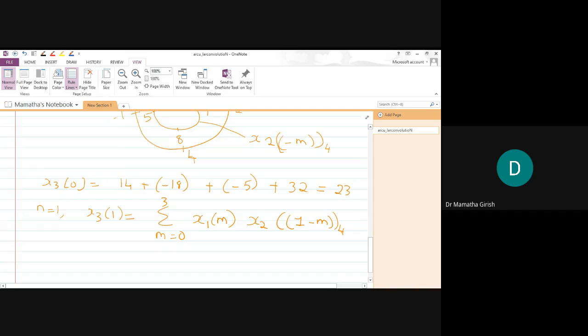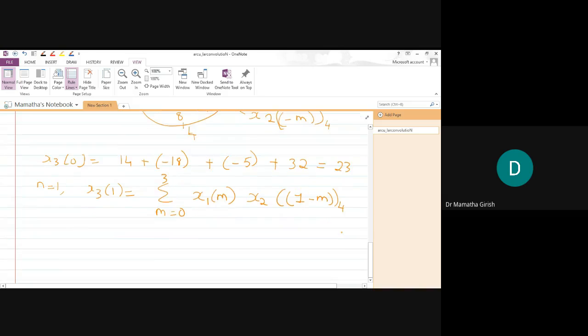The same thing can also be written as x1 of m multiplied by x2 of minus m.